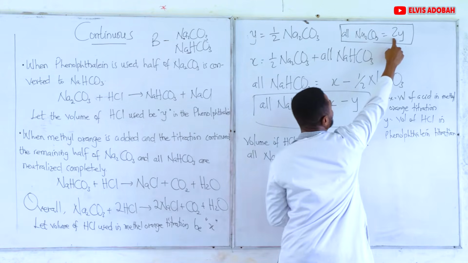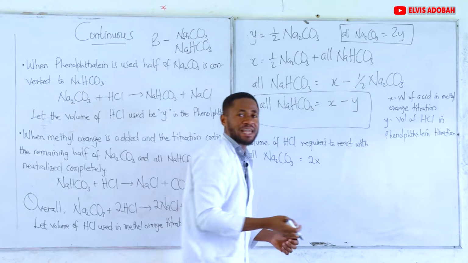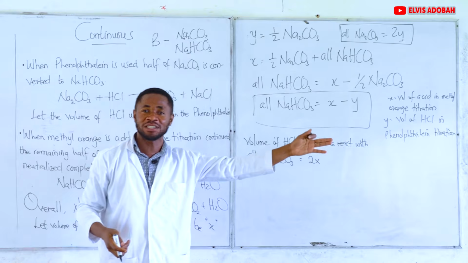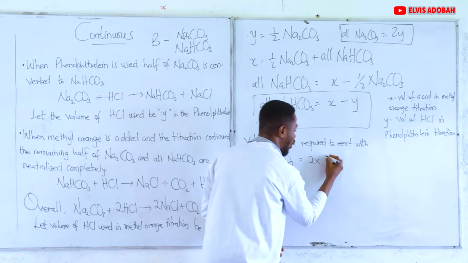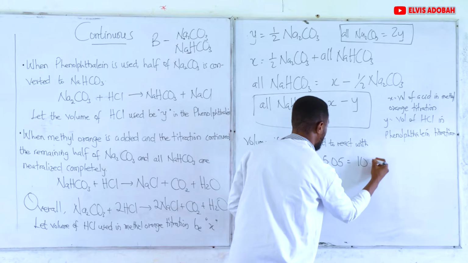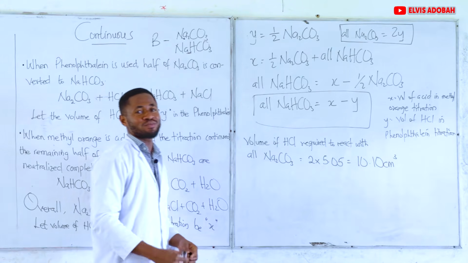All sodium carbonate is 2 times Y. So the answer will be 2 times Y, which is our volume of acid in the phenolphthalein titration, which we found to be 5.05. And that will give us 10.10 centimeters cube.